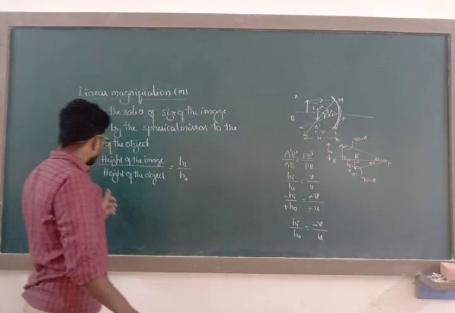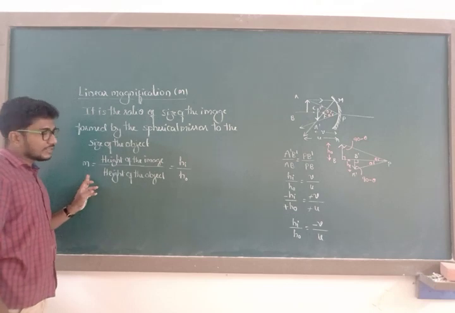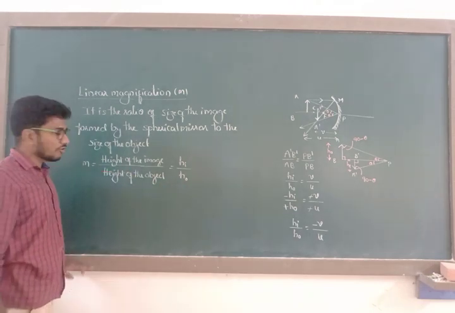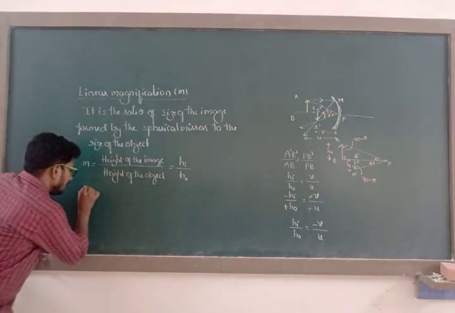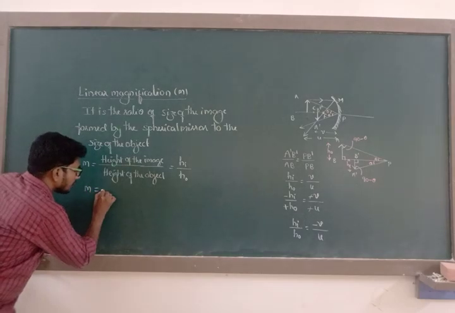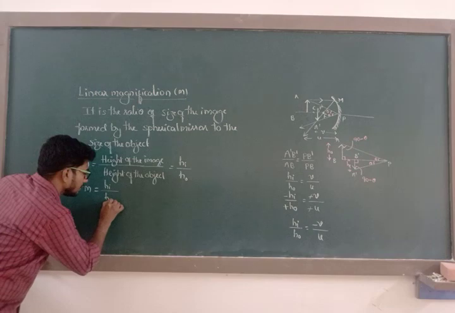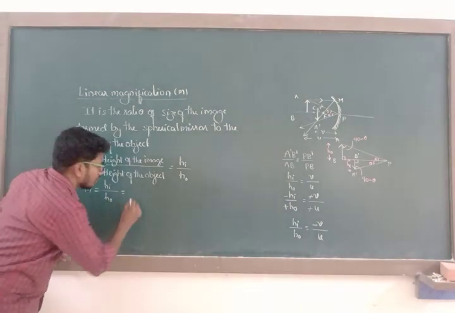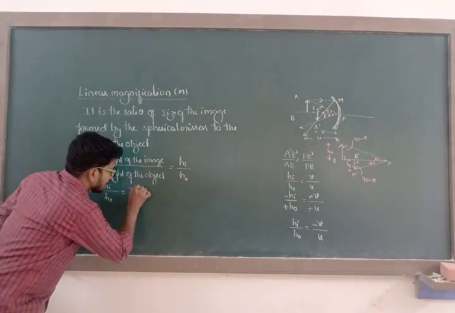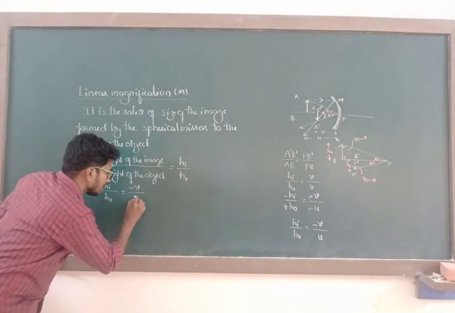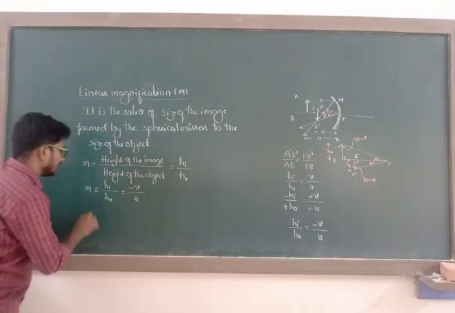Therefore, we can express linear magnification in terms of image distance and object distance. Linear magnification is equal to height of the image divided by height of the object, which is equal to minus image distance divided by object distance.